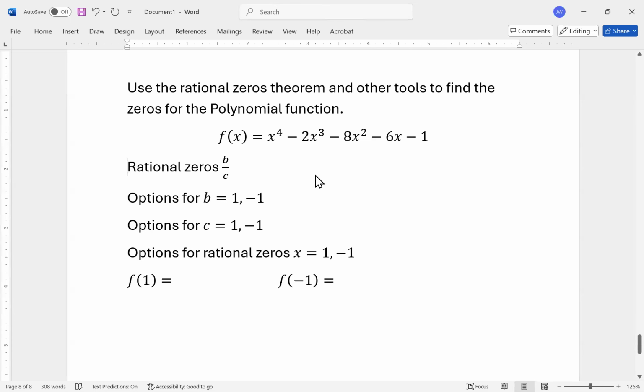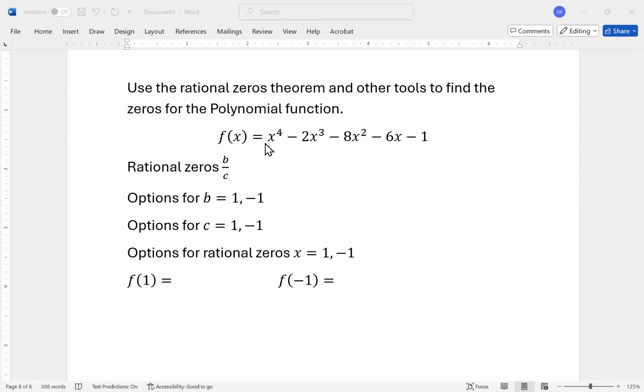All right, this one's pretty straightforward as far as the rational zeros because we don't have a lot of options. Rational zeros are always b over c, where b is a factor of our constant, c is a factor of the coefficient of our leading term, so our lead coefficient. Our constant number is -1, so the only options for b are 1 and -1.